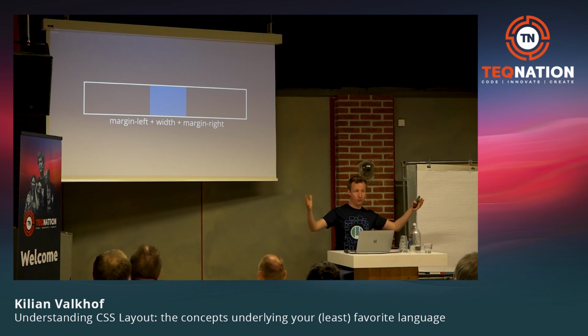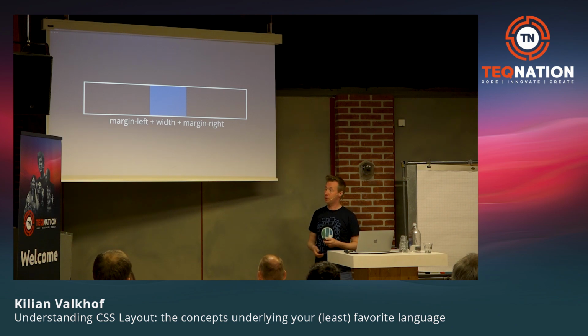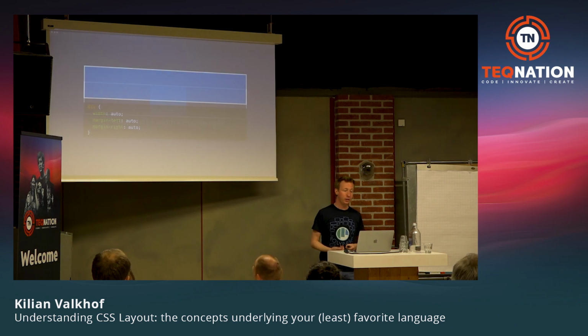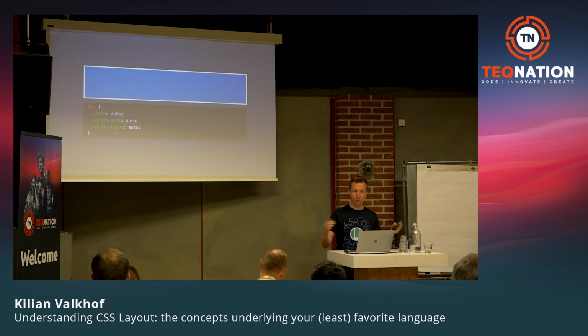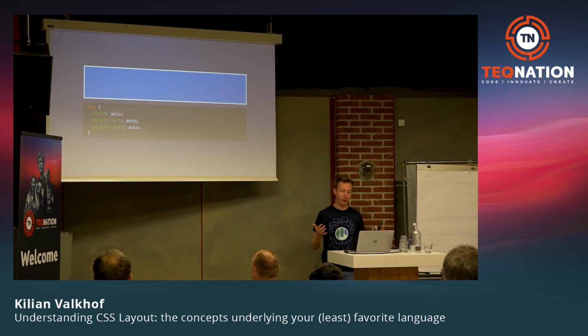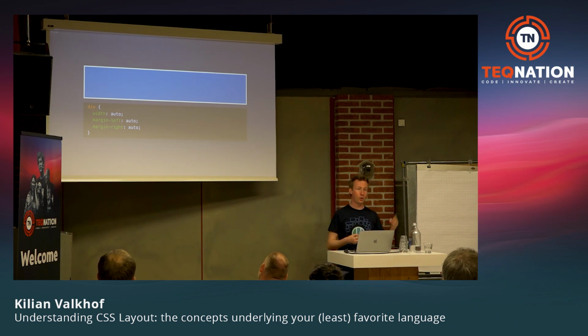The horizontal layout is the left margin plus the width plus the right margin. By default, all of these are auto, and that means that width will take up all the available horizontal space, because width wants to be 100% for block level layouts.